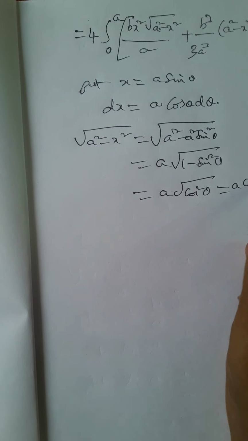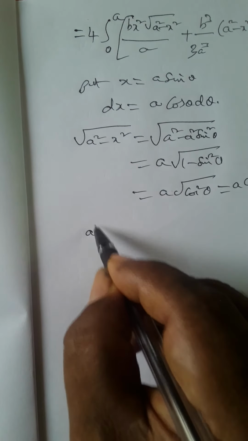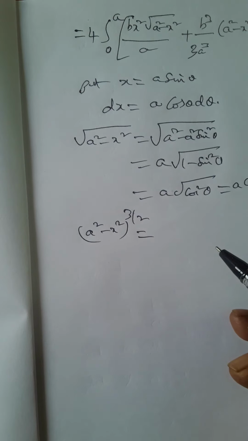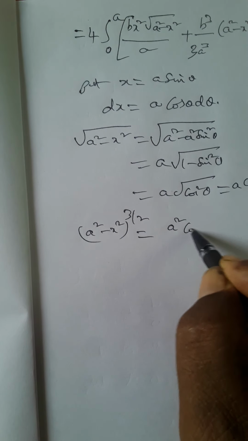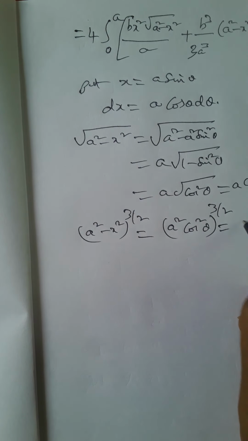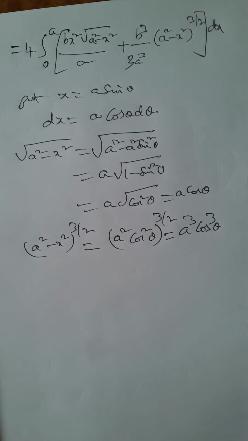So we get a cos theta. Now a square minus x square whole power 3 by 2 is a square cos square theta whole power 3 by 2. The 2 cancels, giving a cube cos cube theta.